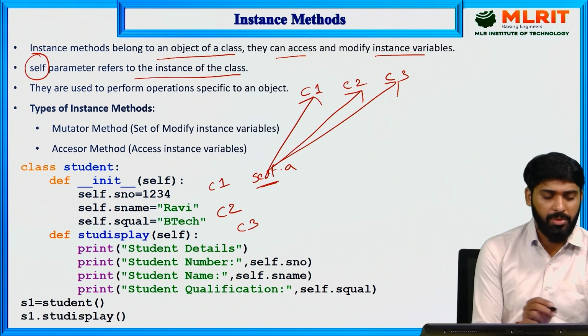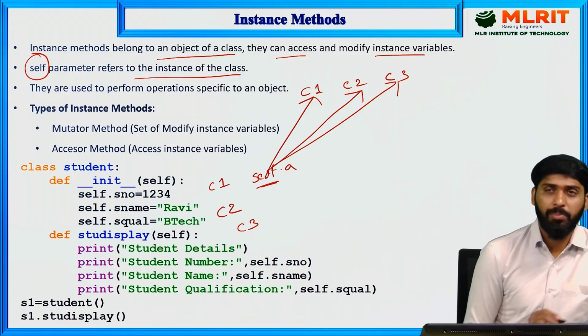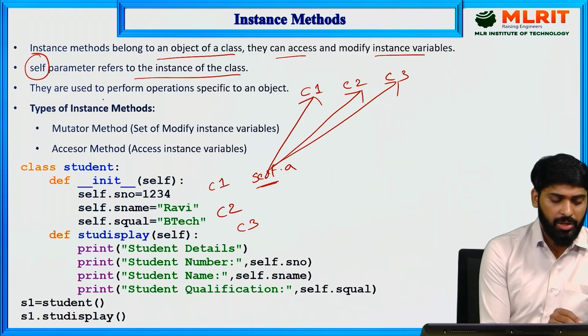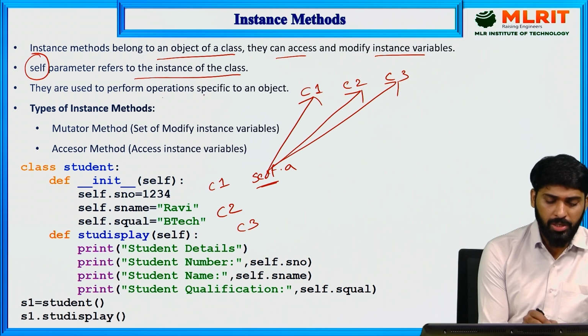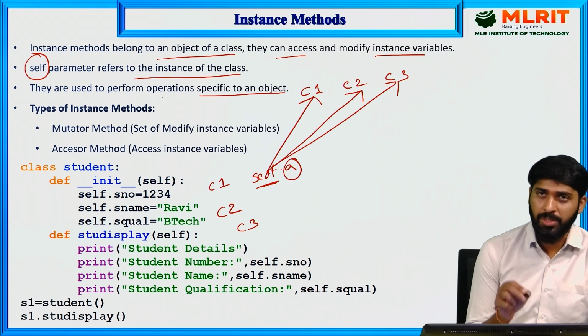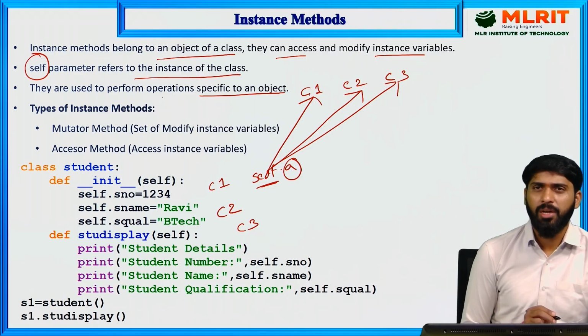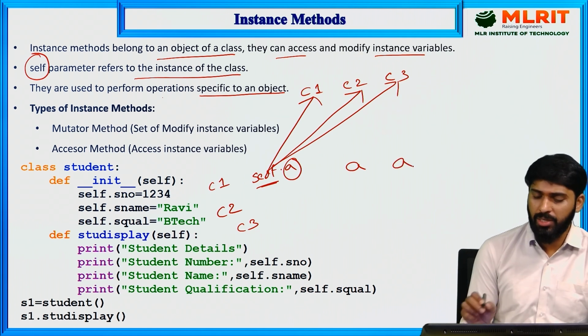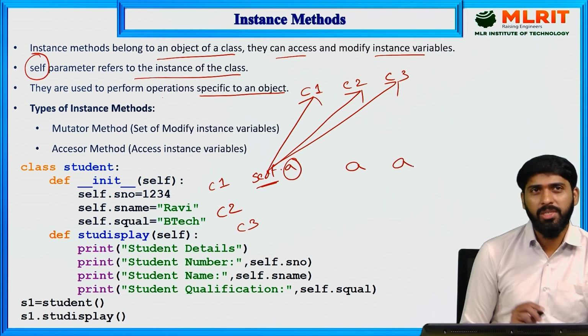That is the meaning of the second point: the self parameter refers to the instance of the class. They are used to perform operations specific to an object. Here this a is specific to the object C1, another a is created that is specific to C2, and another a is created that is specific to C3.